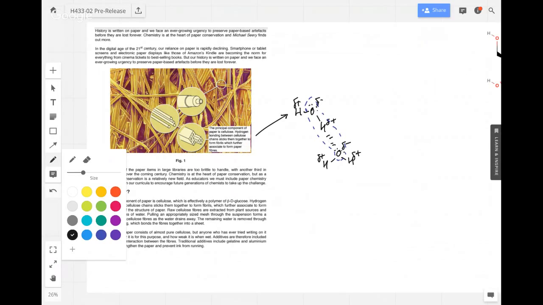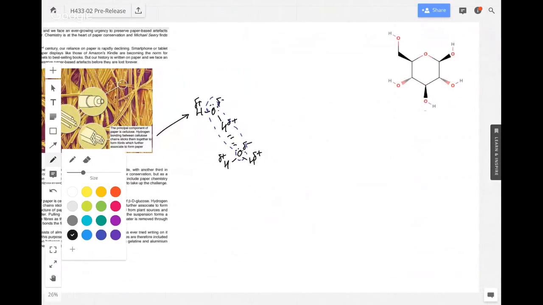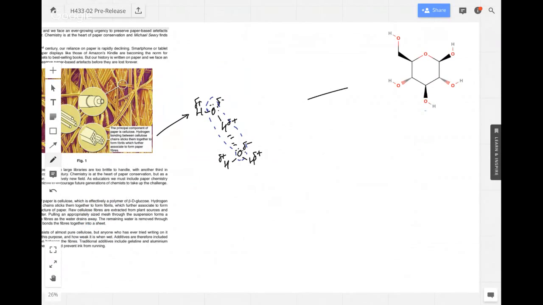So if we just go across to beta-D glucose, you can see that we've got loads of this going on. So let's annotate our molecule a little bit with a couple of lone pairs of electrons.